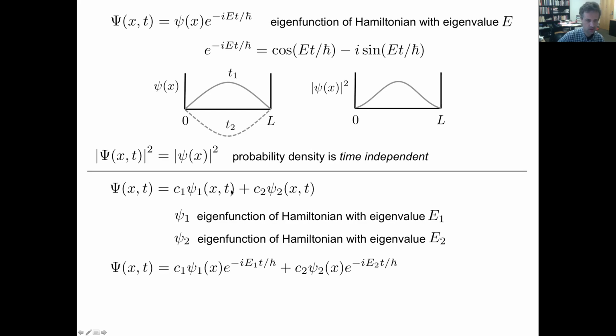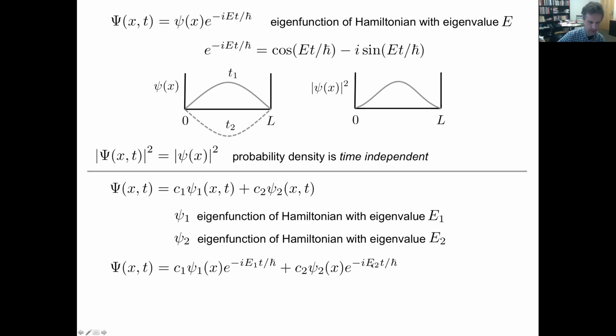Okay, so this is the wave function with the time evolutions explicitly written out. Okay, so there is a time evolution for the first part and a time evolution for the second eigenstate. But because E1 and E2 can be different values, all right, these two time evolutions are not the same.